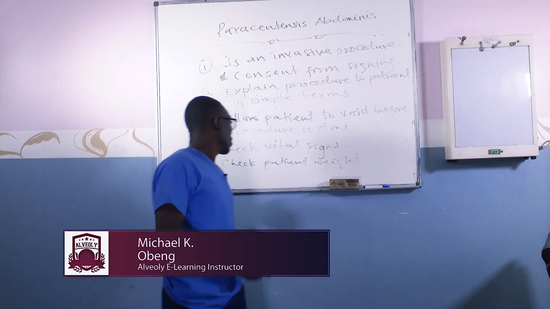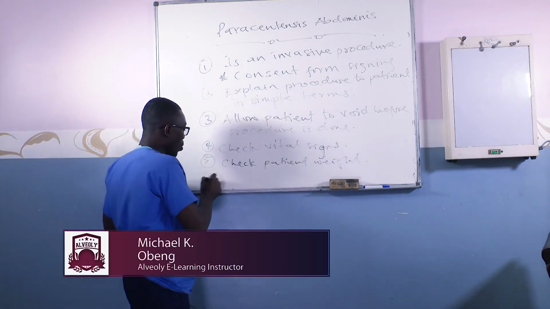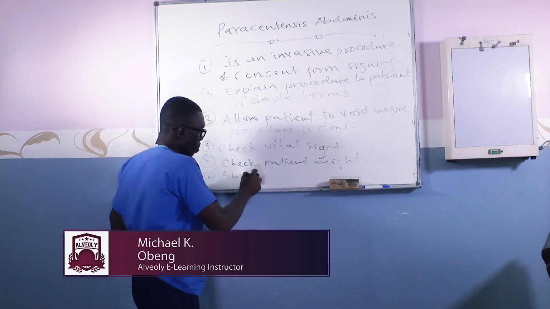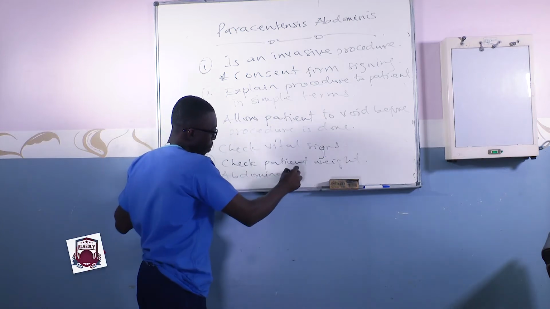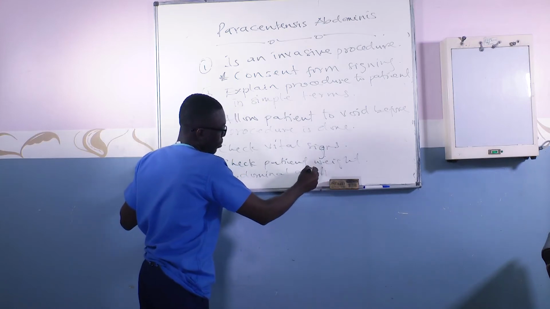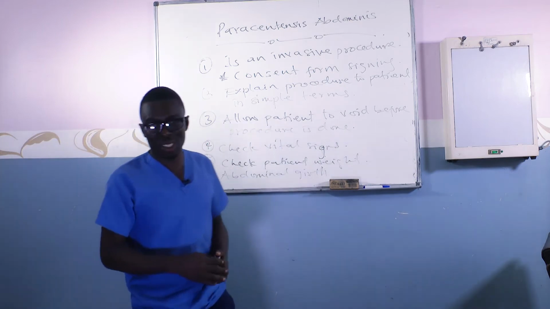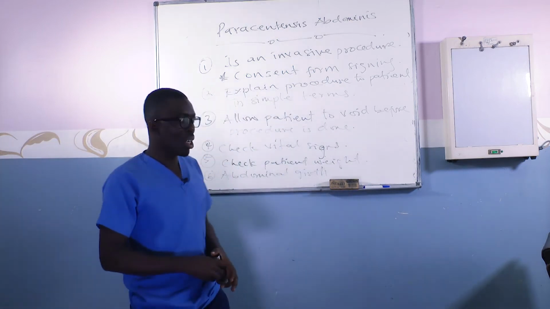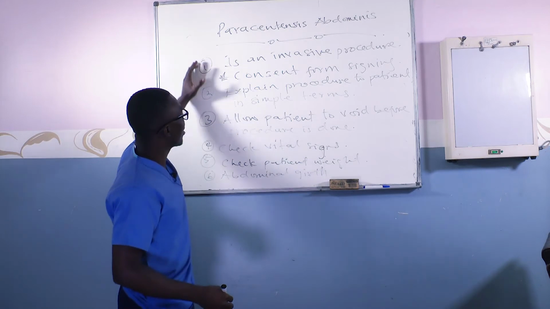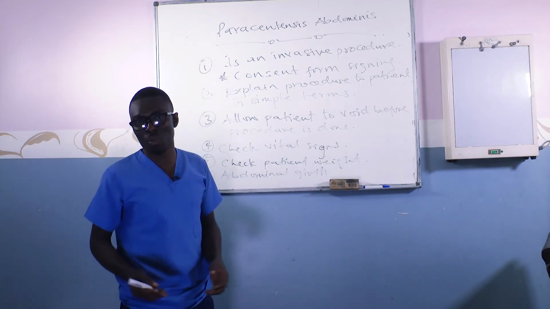Then we also have to check patient abdominal girth. It is very important for us to know the abdominal girth of the patient as a baseline data. So basically, all these things are important things that we have to do before we start the procedure.